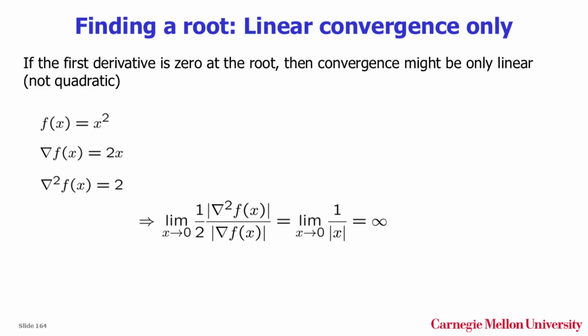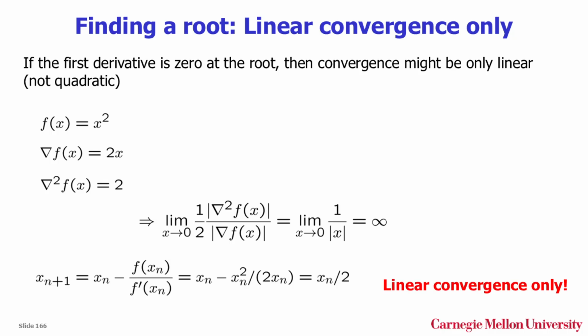We can also see that the supremum of the ratio of the second derivative of f divided by the first derivative of f is infinite, so our convergence theorem doesn't apply. If we compute the Newton update, we obtain x_{n+1} equals x_n divided by 2. With this update, starting from any point, we converge to the correct root 0, but the convergence is only linear.